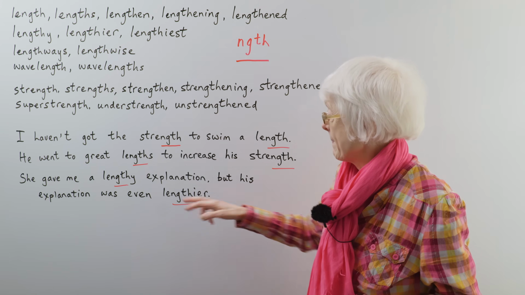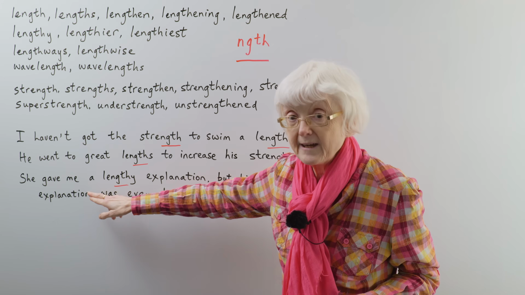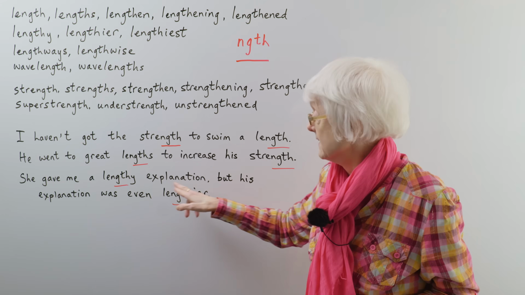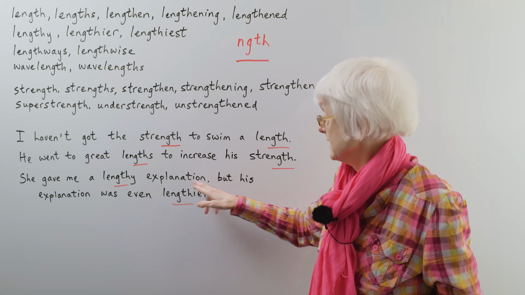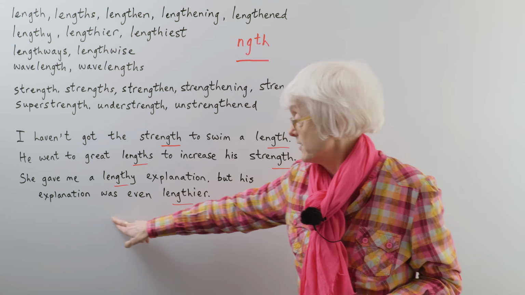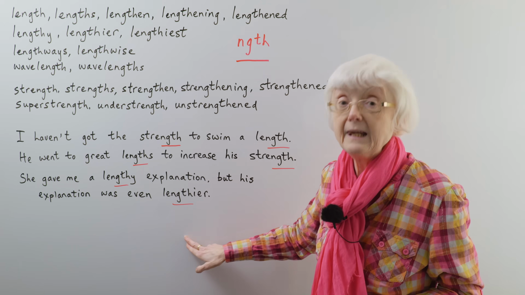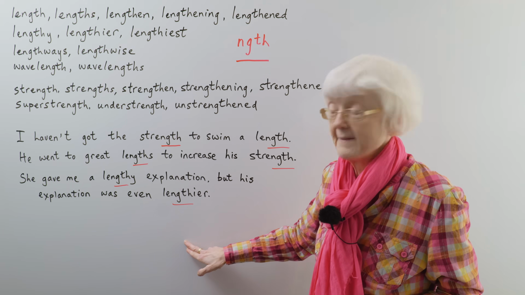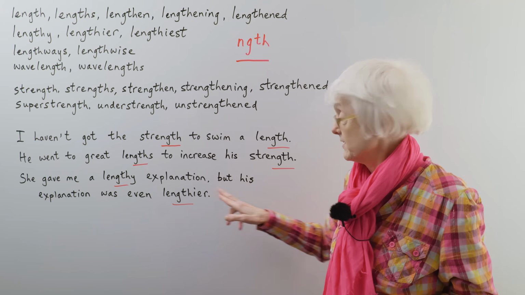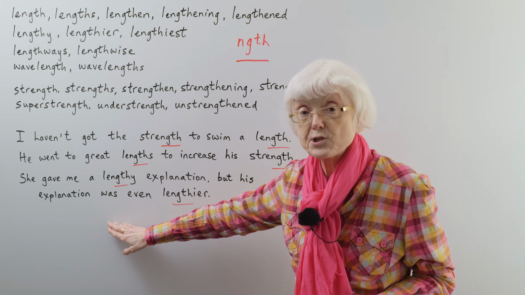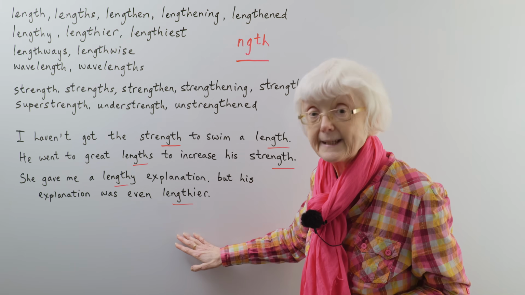Right. And then finally, she gave me a lengthy explanation, a long explanation, but his explanation was even lengthier. Okay, she gave me a lengthy explanation, but his explanation was even lengthier.